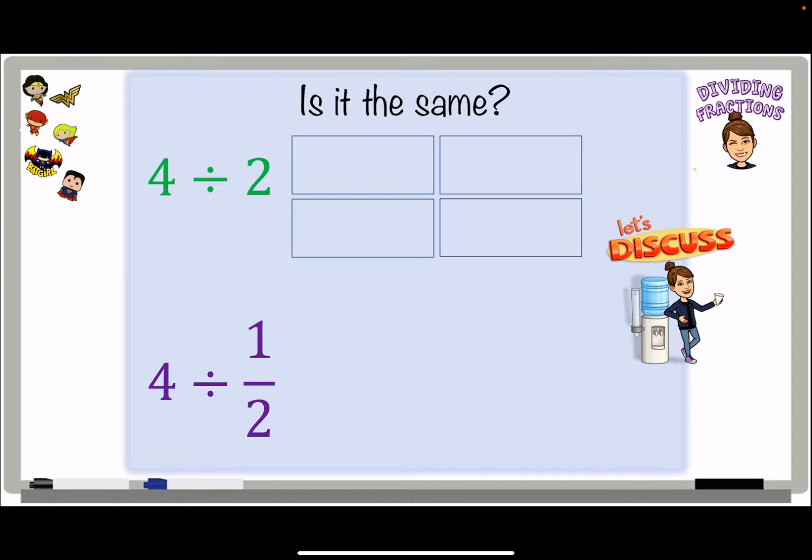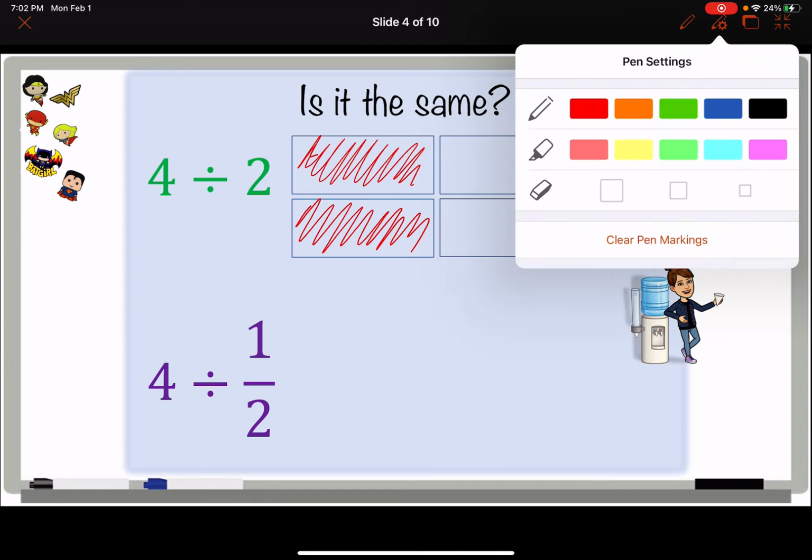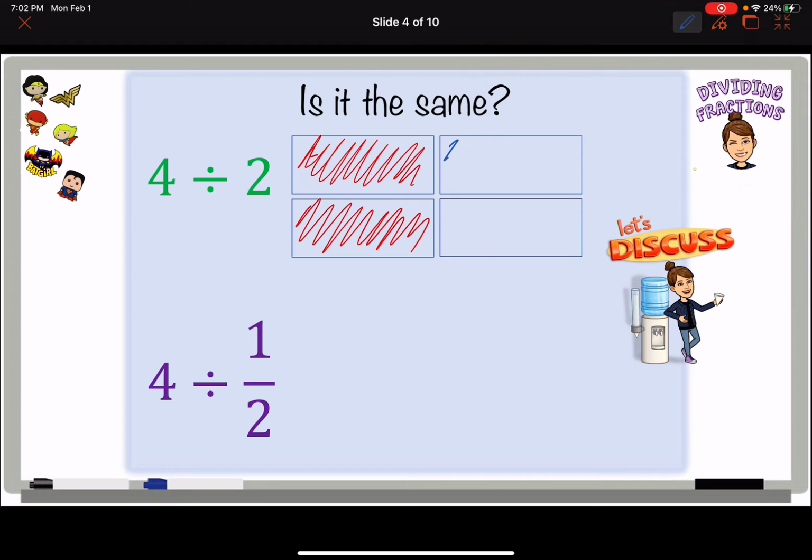So I have 1, 2, and then I'll change my pen color to blue, and then 1, 2. So in doing so, when I took 4 and put it into groups of 2, I got 2 new groups.